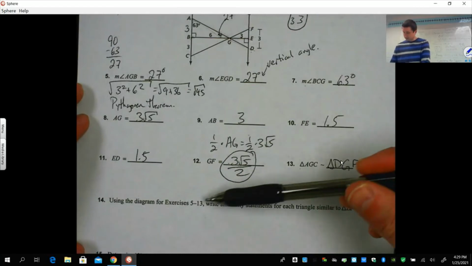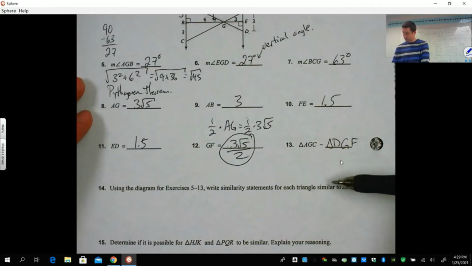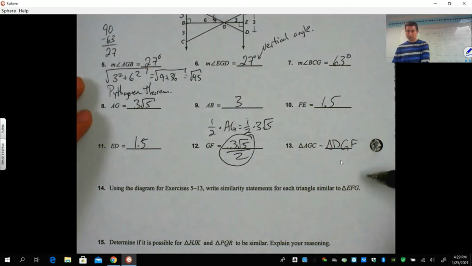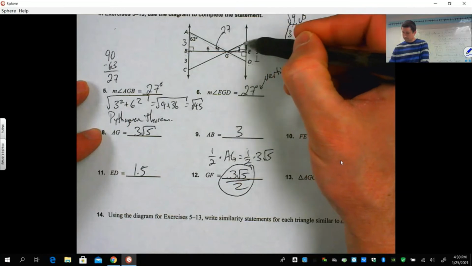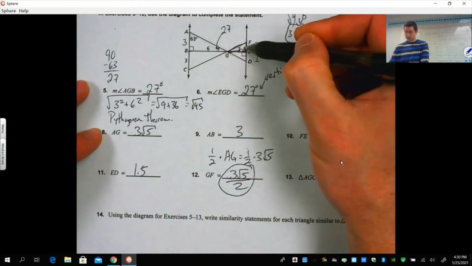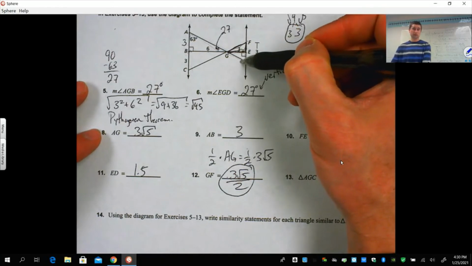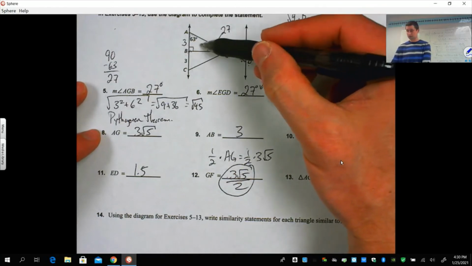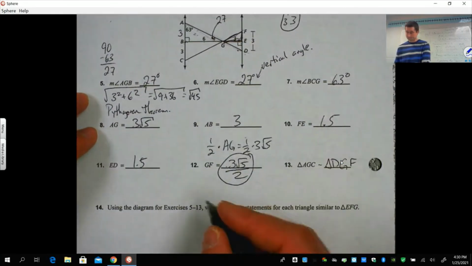Using the diagram for exercises 5 through 13, write the similarity statements for each triangle similar to triangle EFG. EFG is this little triangle right up here. You may think it's similar to this triangle down there, but it's actually congruent to it. It's not similar. It would be similar to these big ones over here. So we have two statements to write.